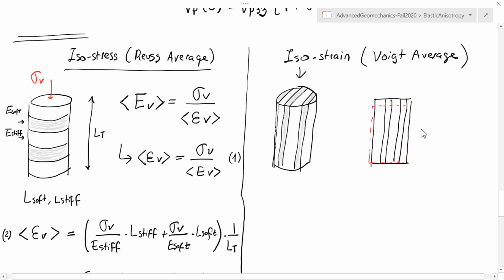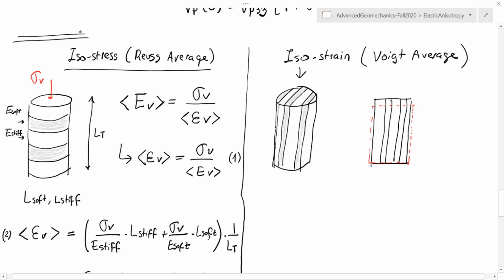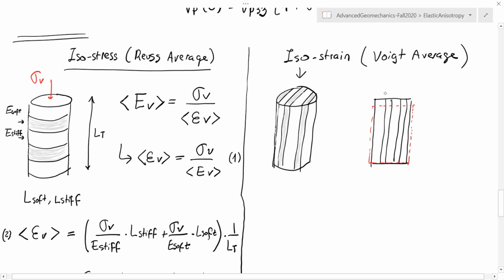This doesn't look like a very realistic Poisson ratio, so let me make this a little bit smaller. And the result of such isostrain is going to be something similar to what we saw for the prediction of horizontal stresses in situ with a constant tectonic strain. The larger the stiffness of the rock of a layer, the higher the reaction is going to be and the higher the stress.